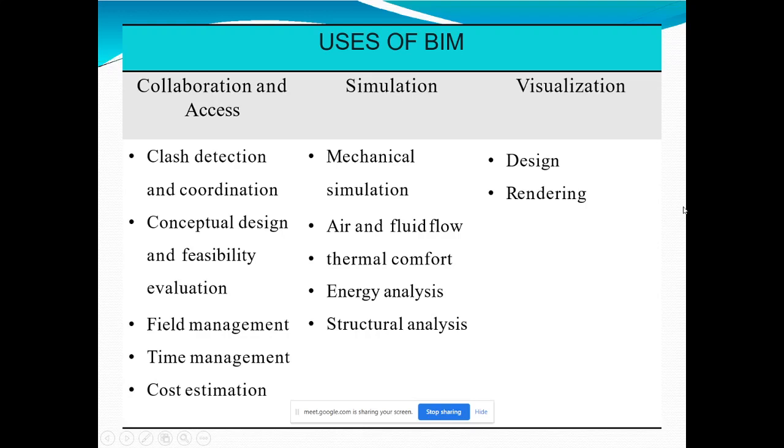These are the uses of BIM. Rendering means you create interior rendering and exterior rendering for your buildings. In design, you analyze the RCC details and structural analysis, beam and column, energy analysis, temperature observations for your buildings, thermal comfort simulations, mechanical simulations, time management and others. These are the main uses of your BIM software. Okay.